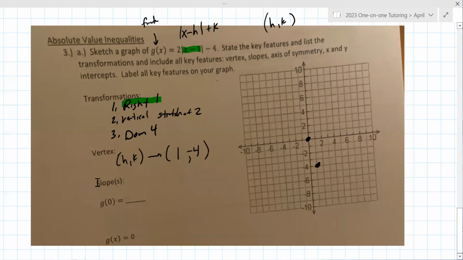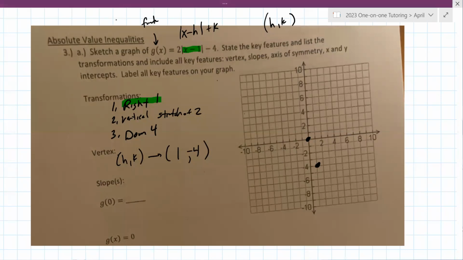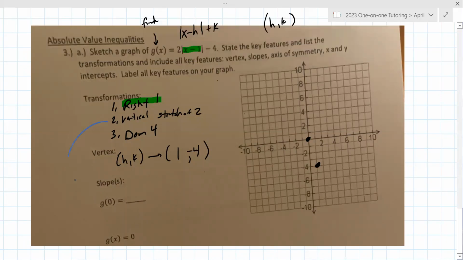All right. The slope actually comes from the vertical stretch. 2 over 1. Yeah. And the reason that's so important is if you go to the vertex and you know whether it opens up or down, you can then use the slope to go from that vertex point up 2, right 1, up 2, right 1, and so on.